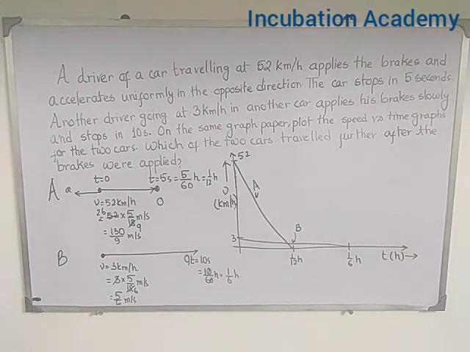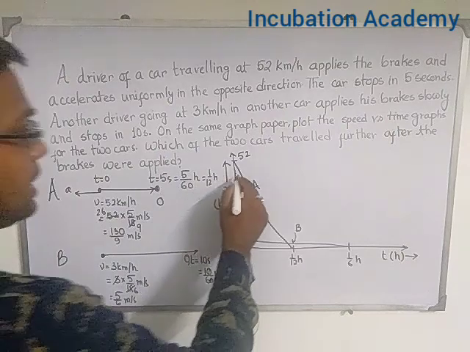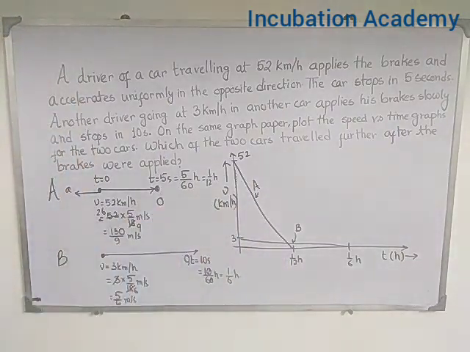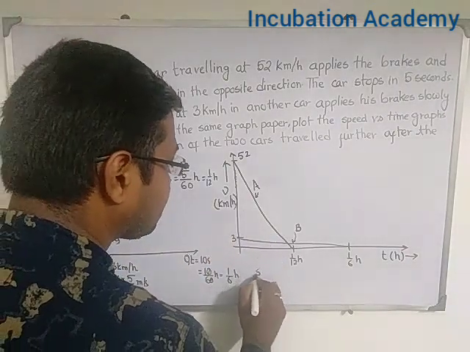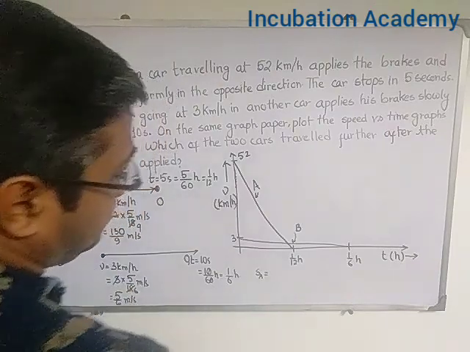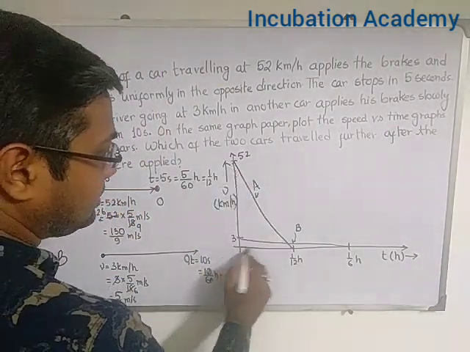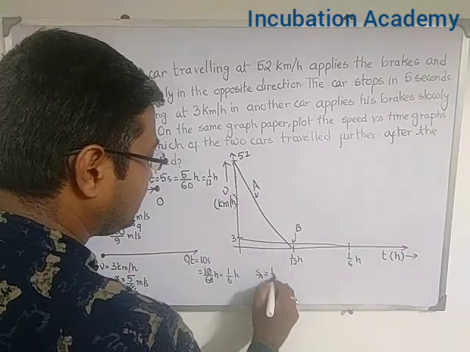Which of the two cars travels further after the brakes are applied? I can easily find this out by calculating the area. If I calculate the area of the speed versus time graph, I can get the distance. So the distance covered by car A is very simply a triangle: 1 by 2 into base into height.